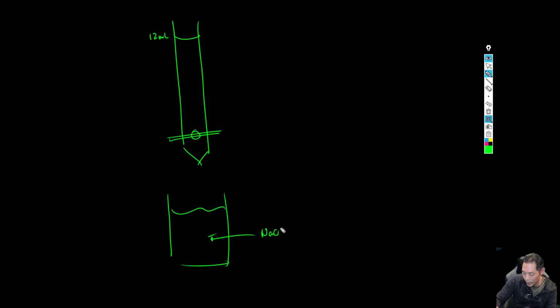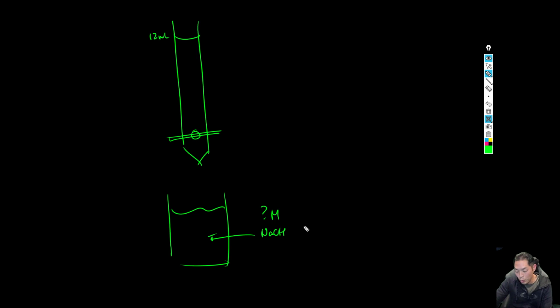So let's say here is my buret. I'm going to make up a number here. Let's say this was 12 milliliters, and here is the nozzle. Right now it's closed. Here is my beaker of an unknown solution of NaOH. We don't know the concentration, but we want to find out the concentration.